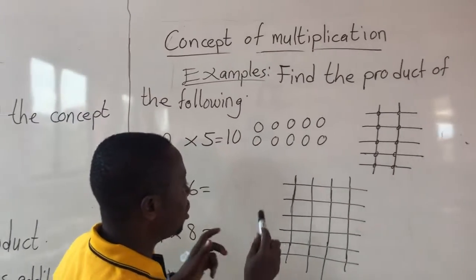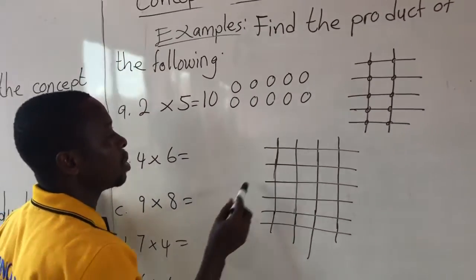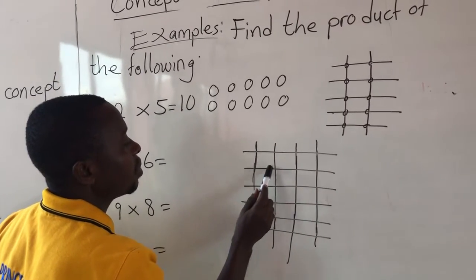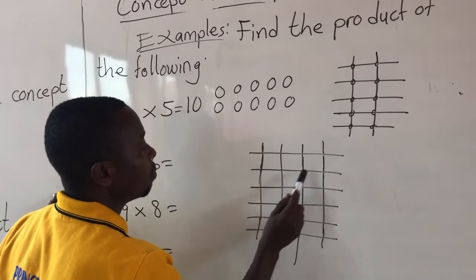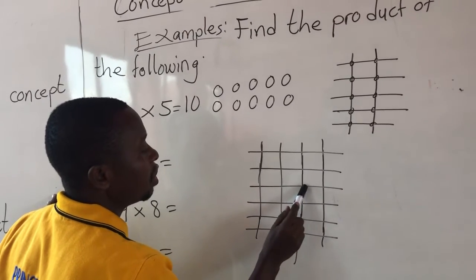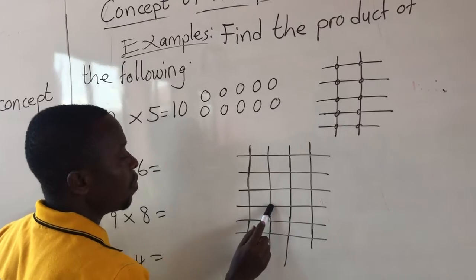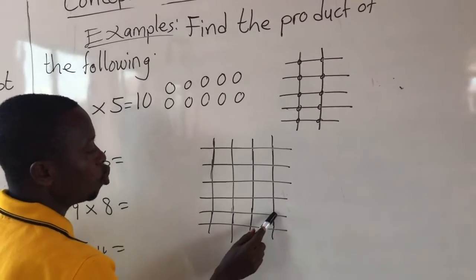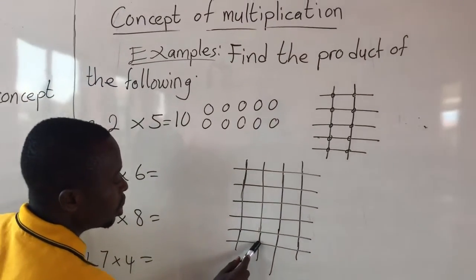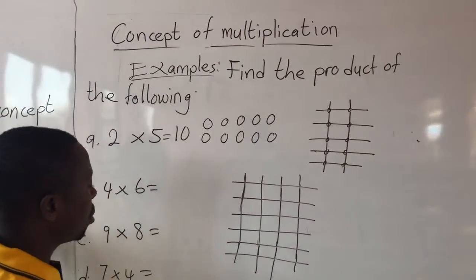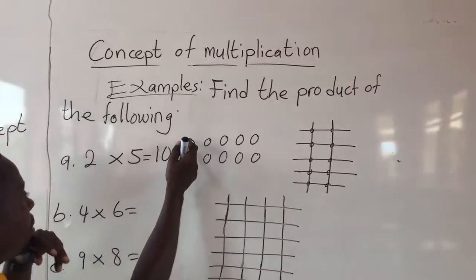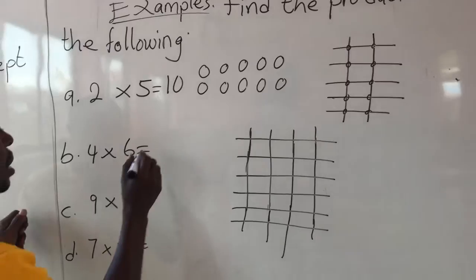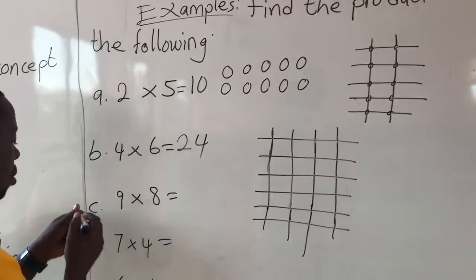Always we count only the joints. So we start: 1, 2, 3, 4, 5, 6, 7, 8, 9, 10, 11, 12, 13, 14, 15, 16, 17, 18, 19, 20, 21, 22, 23, 24. In the same way, using continuous addition or the grouping method, we also get the same answer, 24. Okay, good.